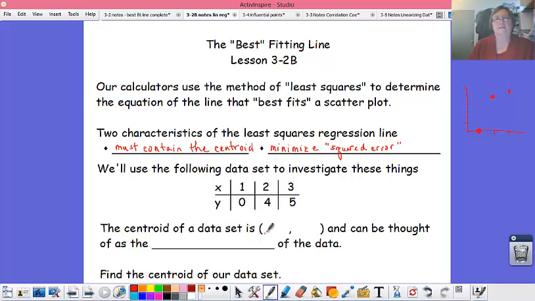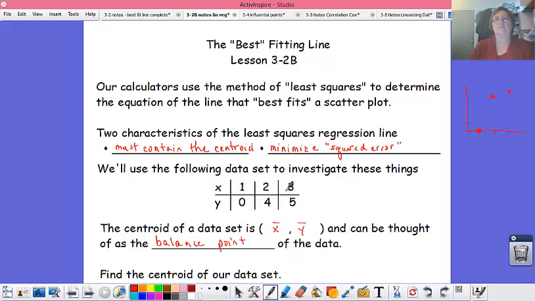The centroid of a data set, folks, is its average x, comma, average y. It can be thought of as the balance point or the center point, an average point of the data set. So to find our centroid, we've got to have the average of the x's.